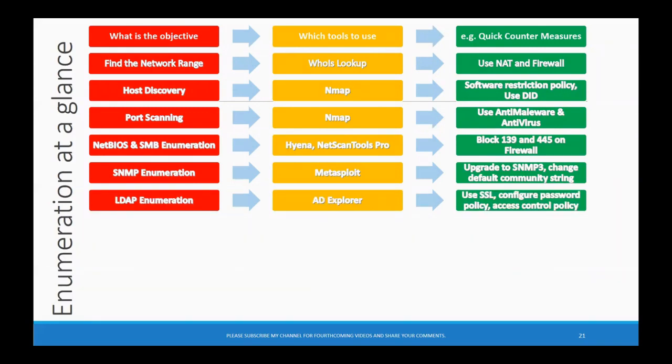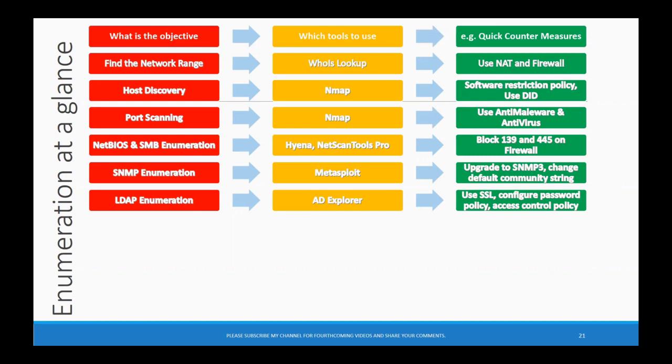Next, LDAP enumeration, Lightweight Directory Access Protocol enumeration. The tool we use is AD Explorer. So how to protect it? Use SSL, configure password policy, access control policy, then configure different usernames and email addresses, and configure authentication.